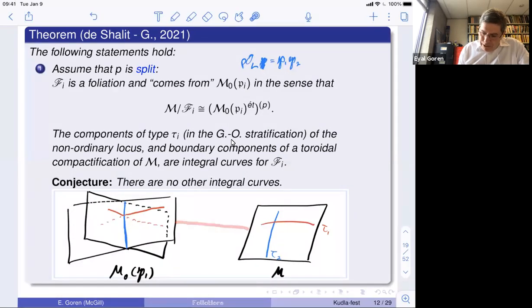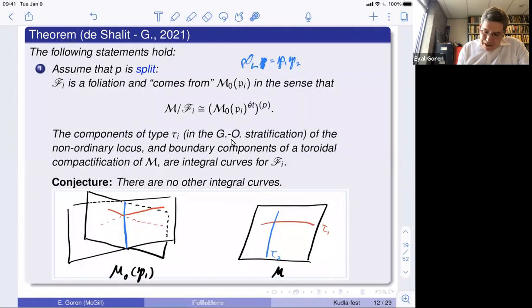This component is related to M in the following way: if I take M and divide it by the foliation F1, I will get the Frobenius transform of M0(p1) et al. Now it's interesting because this map from M to M modulo F1 is actually not the Frobenius map. It has degree p and not p squared. So it's like half the Frobenius map.